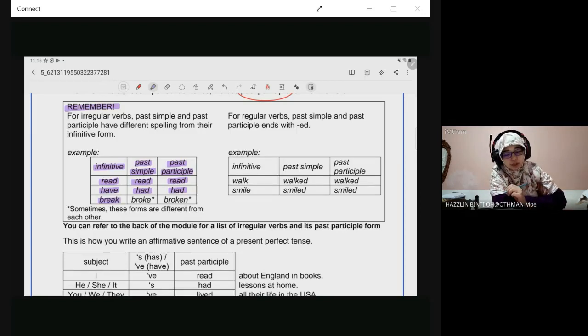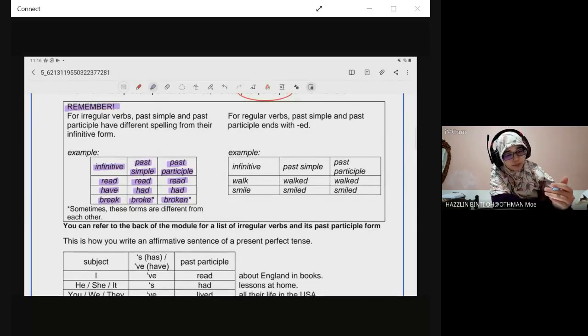The past simple of break is broke, and the past participle of break is broken. Sometimes the forms are different from each other. The past participle is not always the same as the past simple. So that is for irregular verbs.